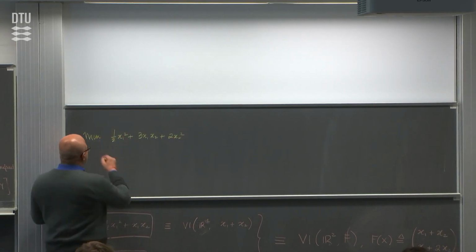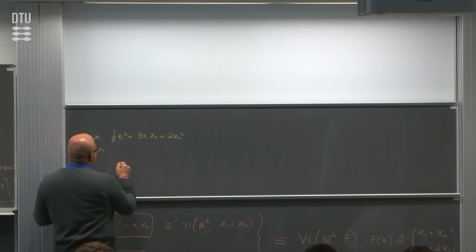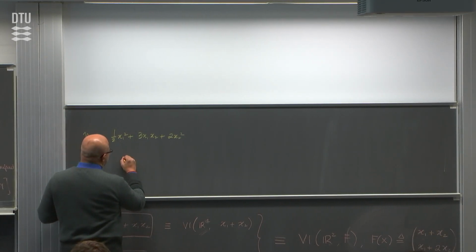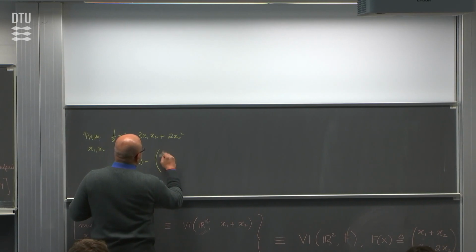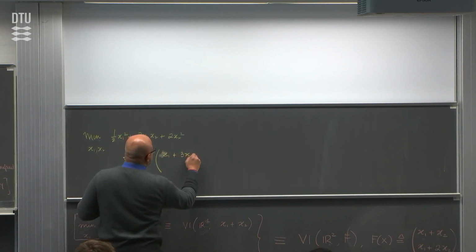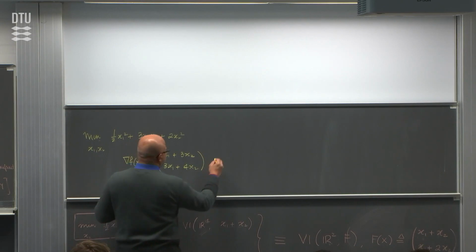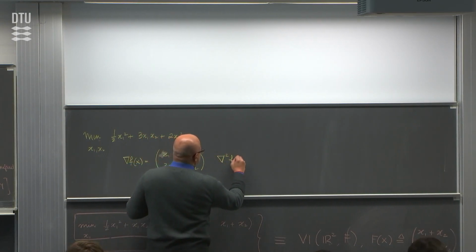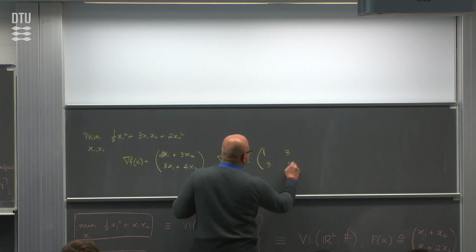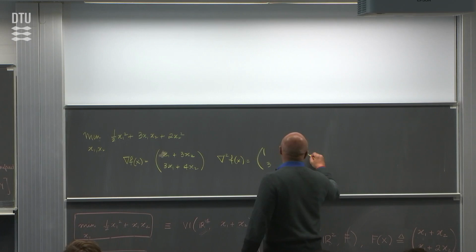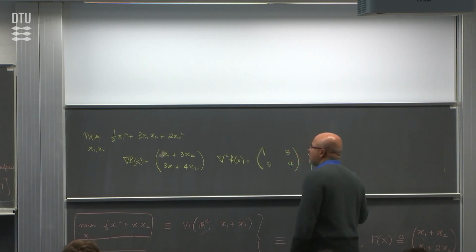The gradient of this function is x1 plus 3x2 and 3x1 plus 4x2. The Hessian of this is [1, 3; 3, 4]. Now you can see this is not positive definite.